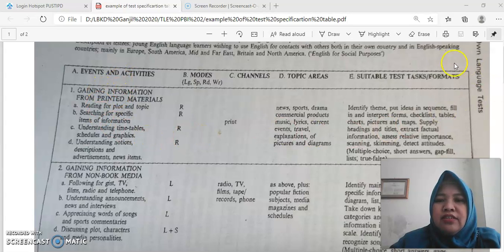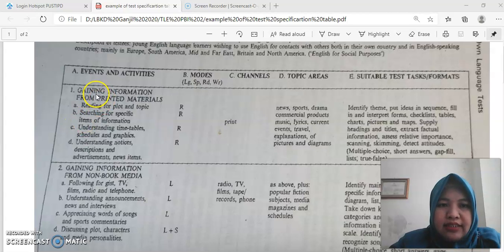This is a book written by a native speaker, therefore the events and activities and the topic areas are not based on our curriculum. But for sure, you have to check your curriculum to decide what events and activities and what topic areas you are going to test.